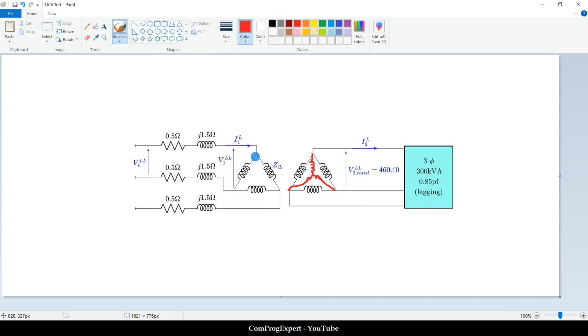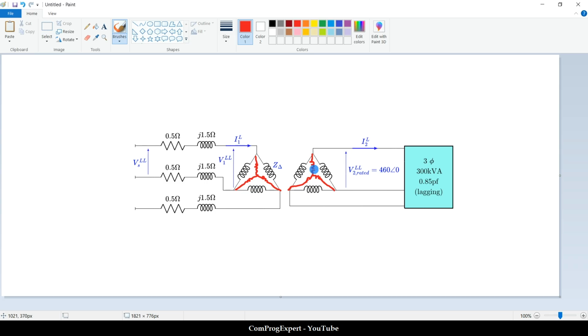In the equivalent Y model, the line current is the same as the phase current, and the phase voltage is equal to 460 divided by square root of 3 in the equivalent model. So we have the value of the phase current here.